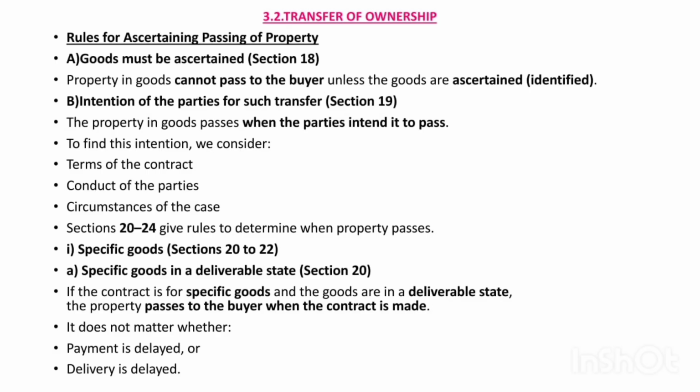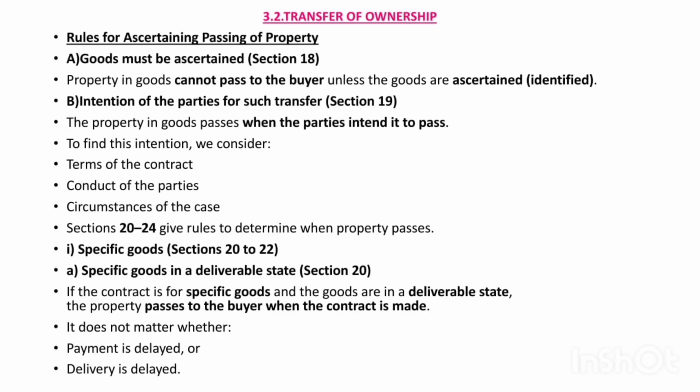If intention is not clear, then sections 20 to 24 give rules to determine when property passes. These sections are default rules that apply only if the contract is silent. Okay, so let's see. Section 20, specific goods in a deliverable state.